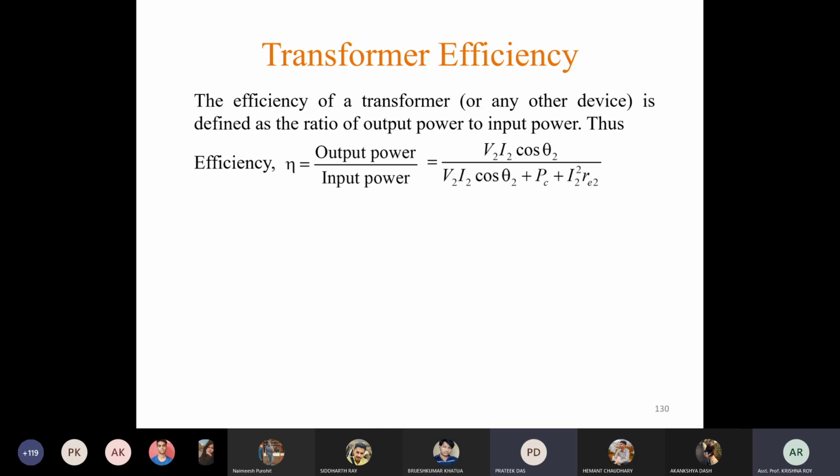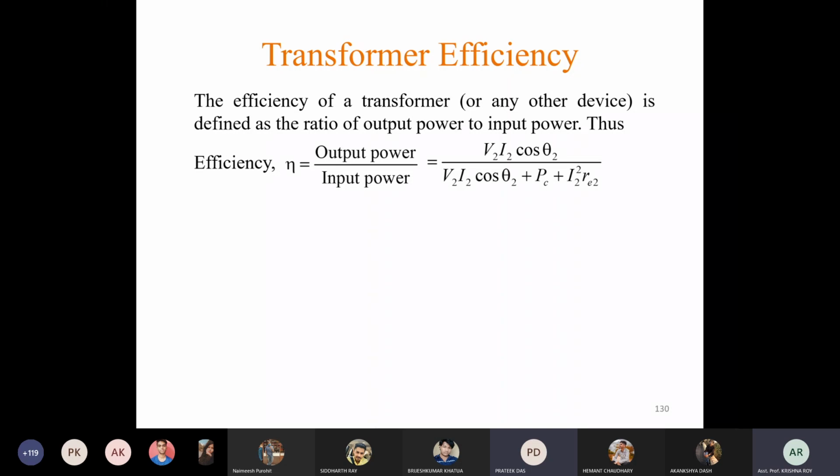So V2I2 cos theta 2 is the secondary output power, and input power is this output power plus losses, because the input has to supply both this output as well as the losses. So without measuring the input power, we can calculate it using the output parameters and the losses.